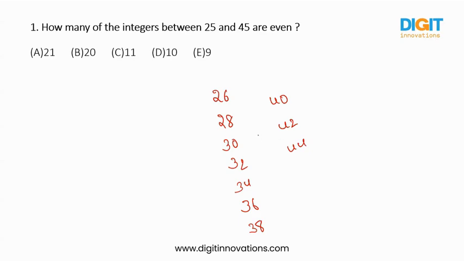These are the even numbers. Let us count how many there are: 1, 2, 3, 4, 5, 6, 7, 8, 9, 10. So a total of 10 even integers are there between 25 and 45.